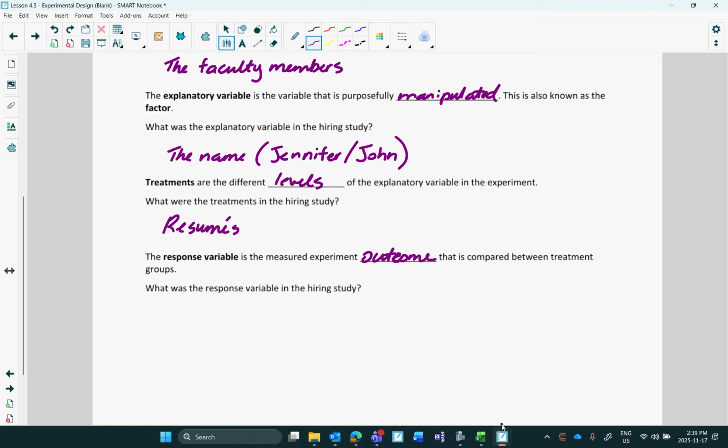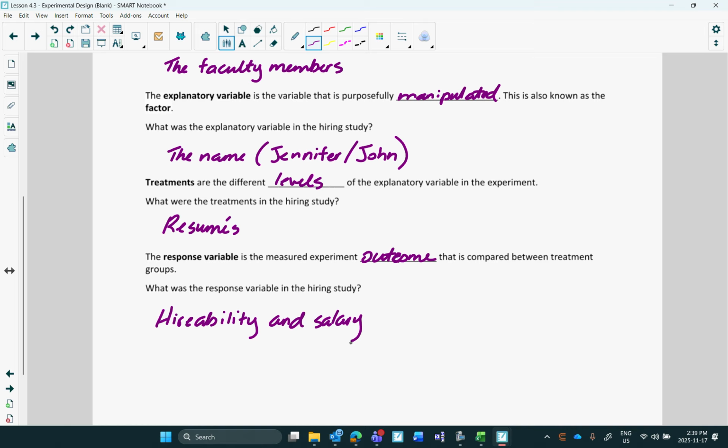Hireability and salary. Okay, so those are different terms you should be familiar with when we talk about experiments.